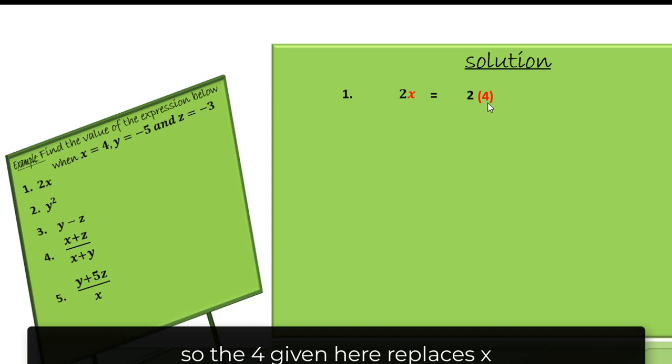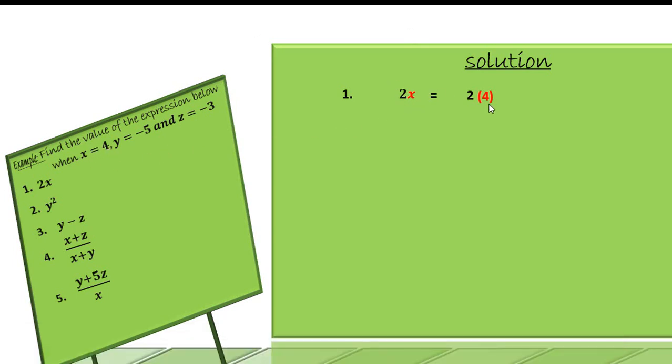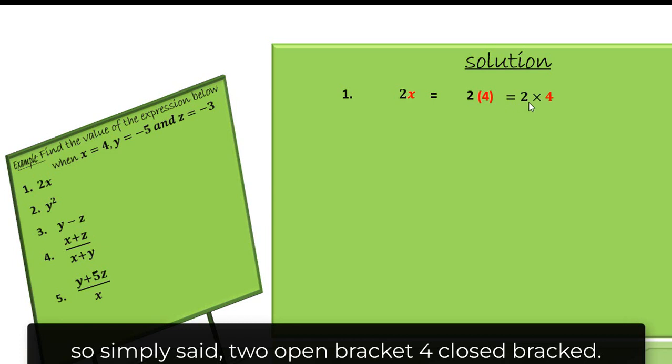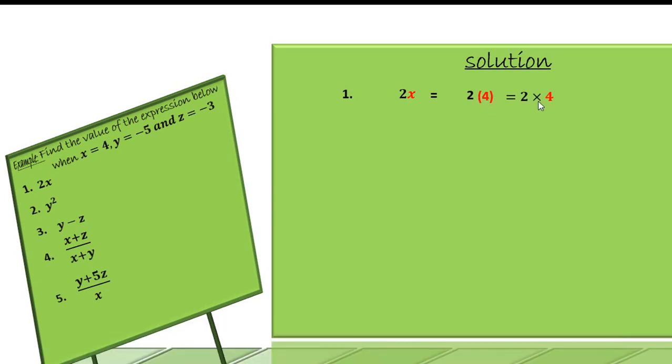I say that again: the 4 that we're given here replaces x, and the whole thing becomes 2 multiplied by 4. Simply said, 2 open bracket 4 close bracket simply means 2 times 4, and that's it.